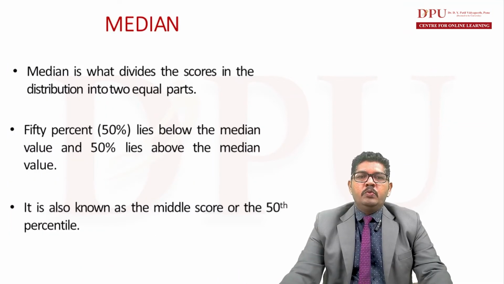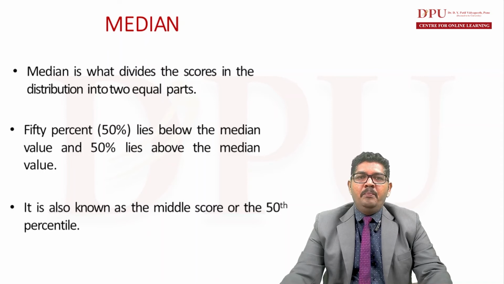So median is what divides the scores in the distribution into 2 equal parts. Median is the positional or central value when we arrange the data in ascending or descending order. When we arrange the data in ascending or descending order, the middle value is the median. So 50% of values lie below the median and 50% of values lie above the median.